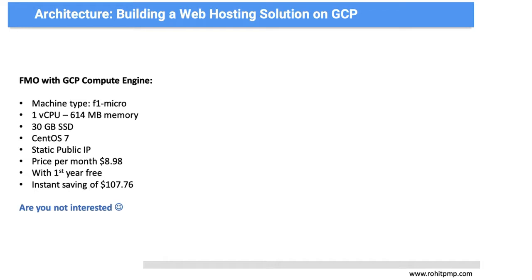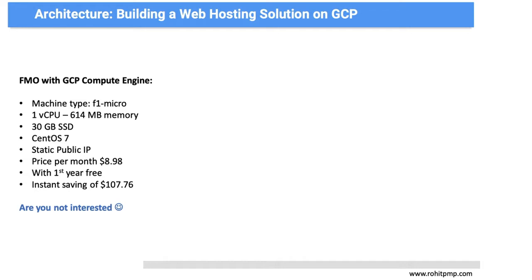I also had the option to select a static public IP from the available pool. All this came at a price bundle of within actually less than $10, just $8.98 a month.